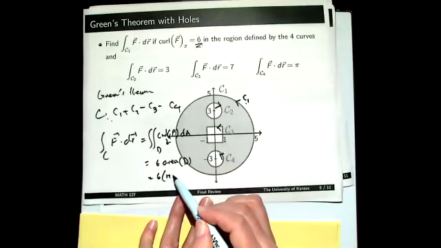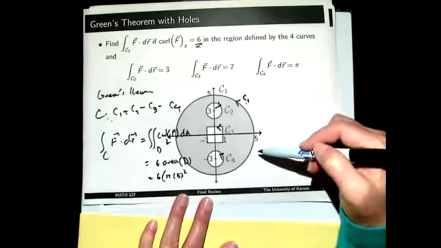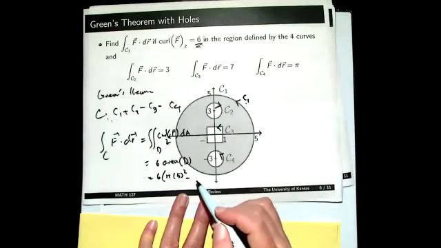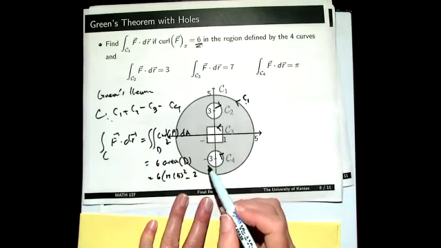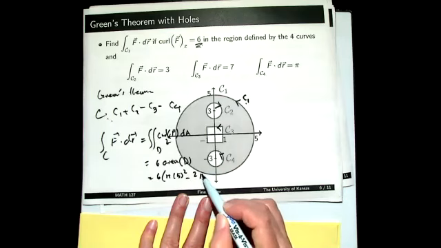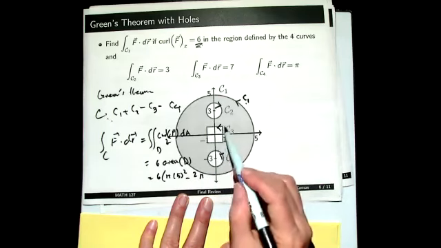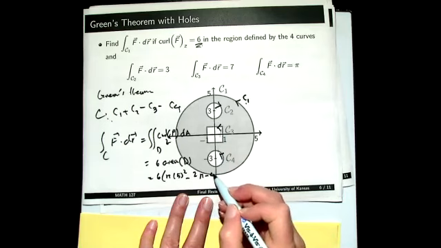So let's compute the area of D, 6 times pi times 5 to the power 2, which is the area of this big circle, minus the area of the 2 small circles, 2 times, radius is 1, so 2 times pi. Then I have the area of the square, which is 4, right?